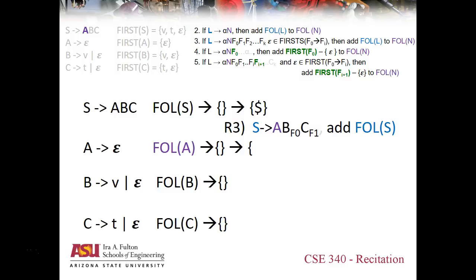So we're looking at rule 3. Rule 3 wants to know, do we go all the way to the end of the line with epsilons? And if so, then we add the follow of the production rule that we're on. So in this case, that's follow of S. The follow of S is just the end-of-file symbol. And so we add that.